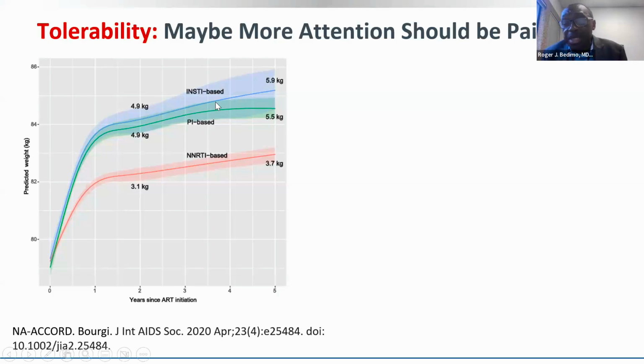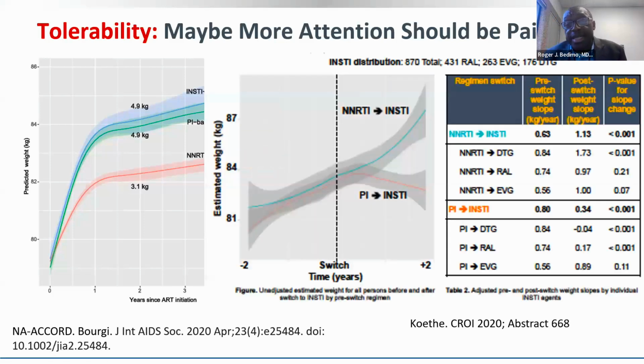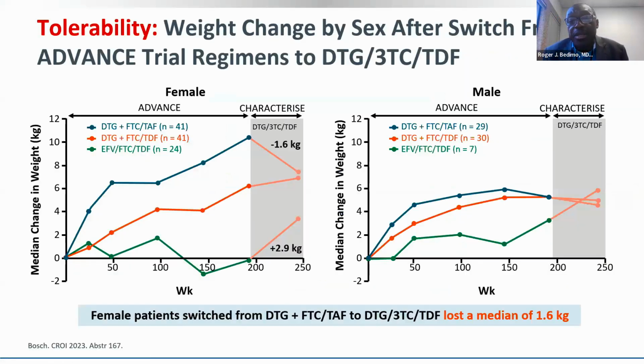So it's important to keep that in mind. And this is another study that showed that switching people from protease inhibitor to integrase inhibitor actually did not lead to more weight gain, but actually almost the reverse. So when we say that weight gain has been shown in a lot of people with integrase inhibitors, let's not forget that protease inhibitors may not be very far behind.